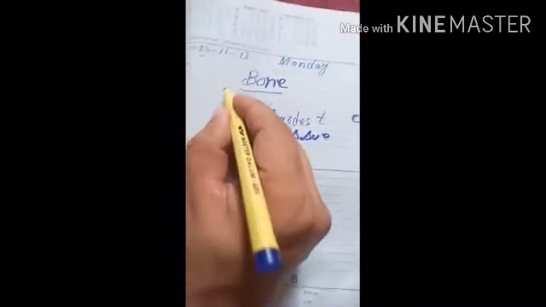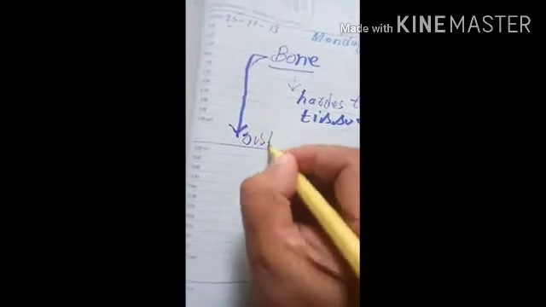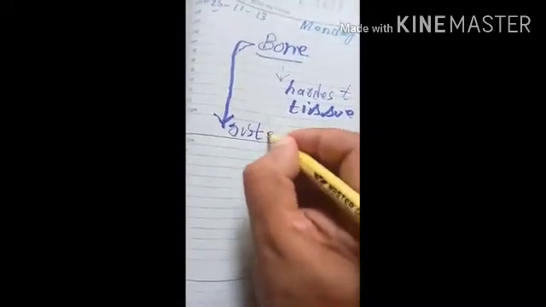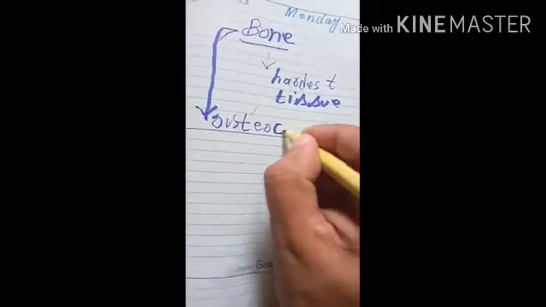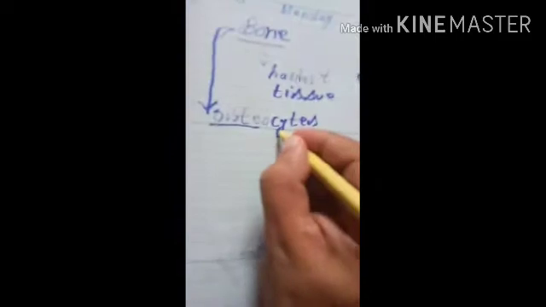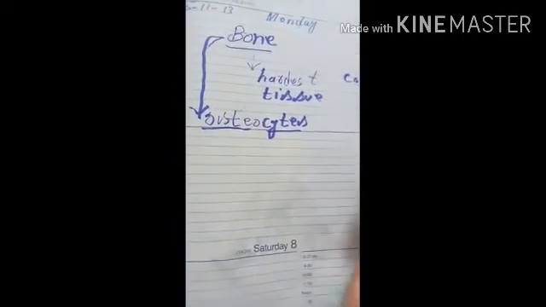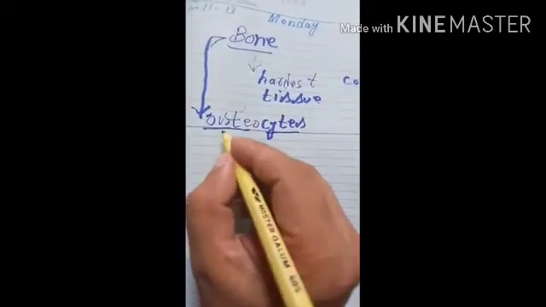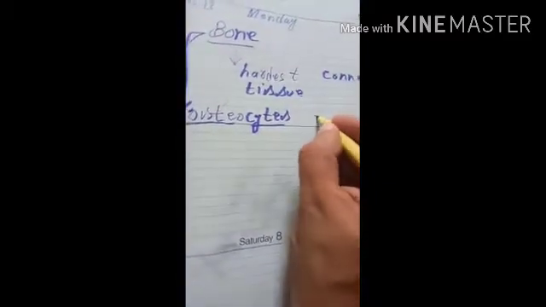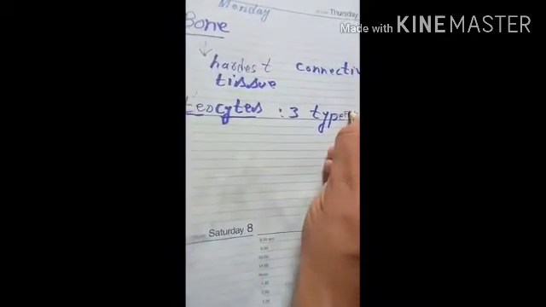The cells of the bones are called osteocytes. Osteo means bone, cytes mean cell. The cells of the cartilage are of one type, but the cells of the bone, the osteocytes, are of three types. Bones can regenerate themselves. They can remake themselves.